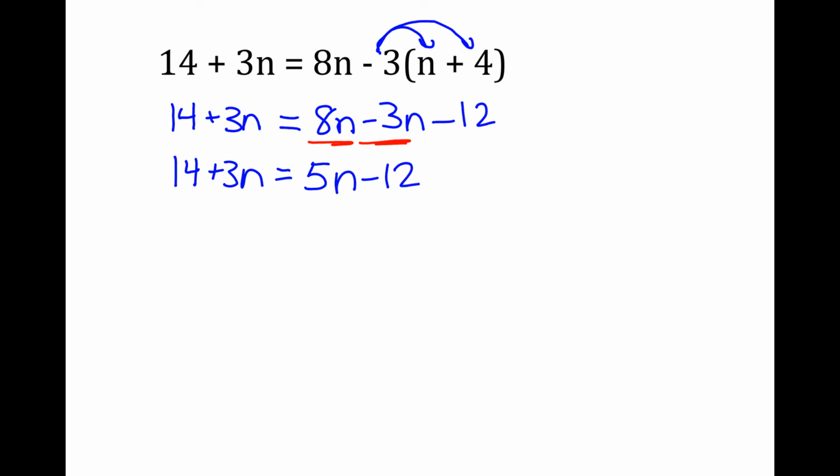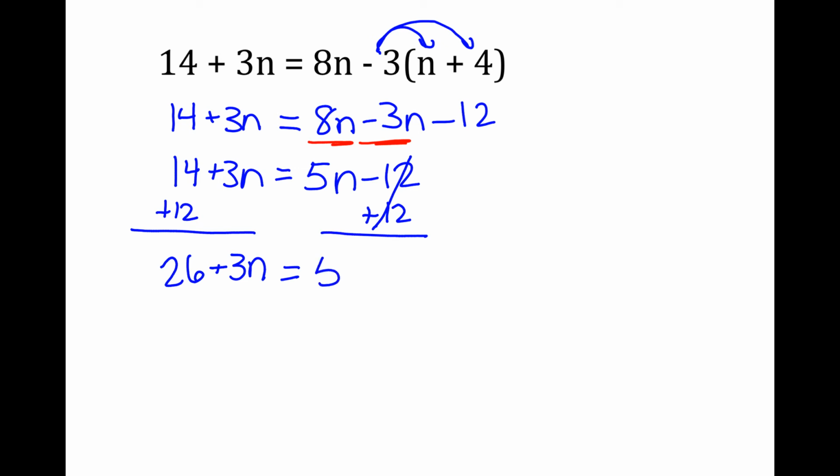Now we have an equation that looks just like the last one. I will choose to add 12 to both sides. 14 plus 12 is 26. The -12 plus 12 cancels, so we have 5n.